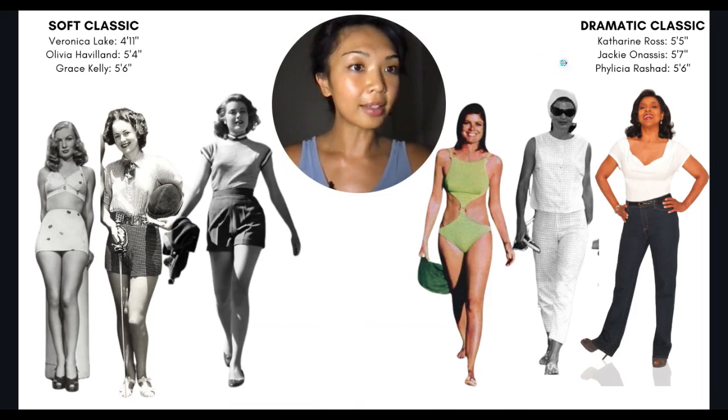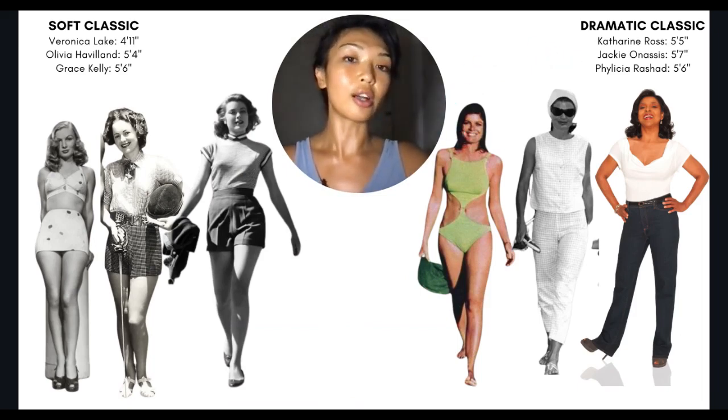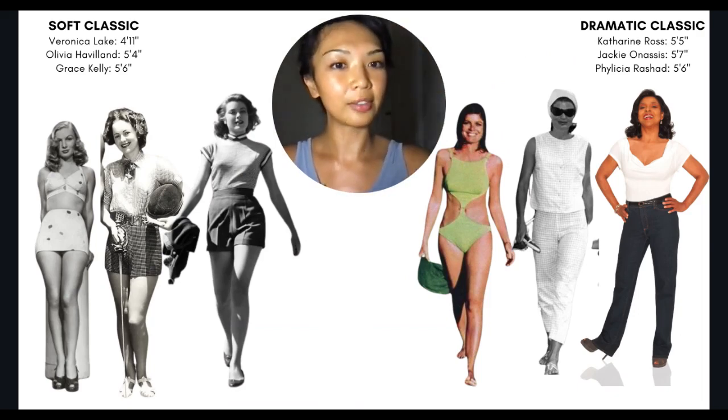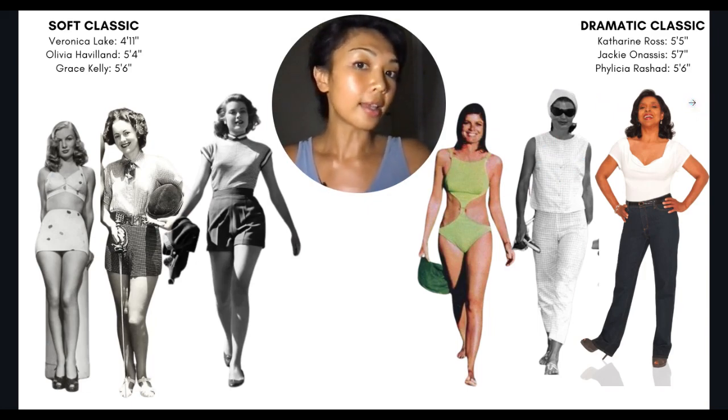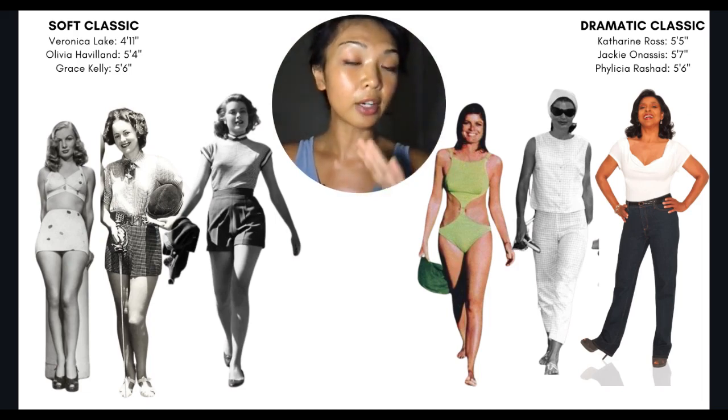On the other side, you have dramatic classics, Catherine Ross, who I swear looks so much taller when I watch her in movies. She's 5'5". You can see that very dramatic classic body type, so similar to Jackie. And then you have Felicia Rashad, same kind of body type, same silhouette. But please remember that these are just very limited samples, very limited examples.